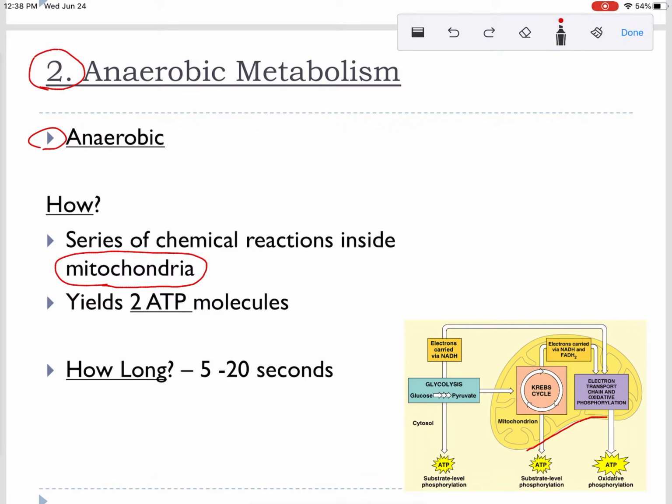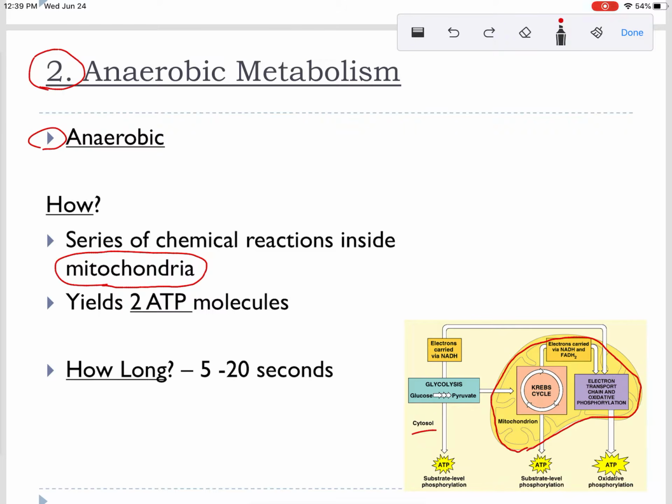These chemical reactions are happening inside of the mitochondria of the cell. That's this little mustard color looking thing. The first phase happened in the cytosol outside of the cell, but now we're in the mitochondria.